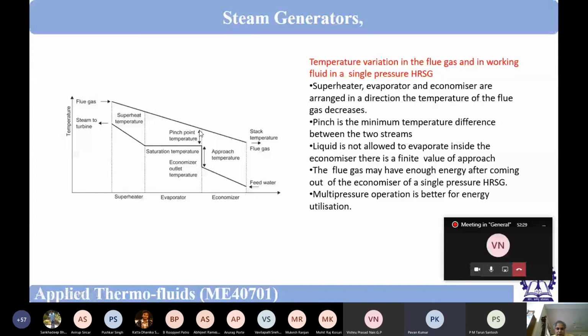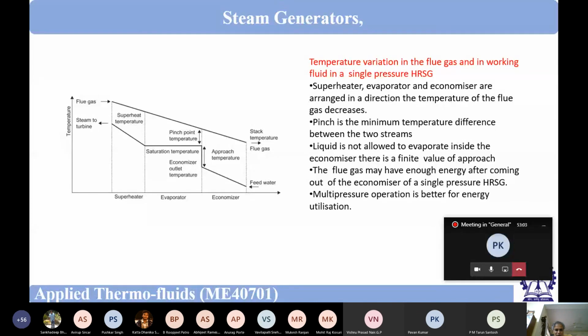Sir, why is there a sudden jump from the economizer outlet temperature to the saturation temperature? Actually, it is like this. This is the economizer outlet temperature. But the steam drum, as I have always discussed, has a very large mass, and in that large mass it is at saturation temperature.